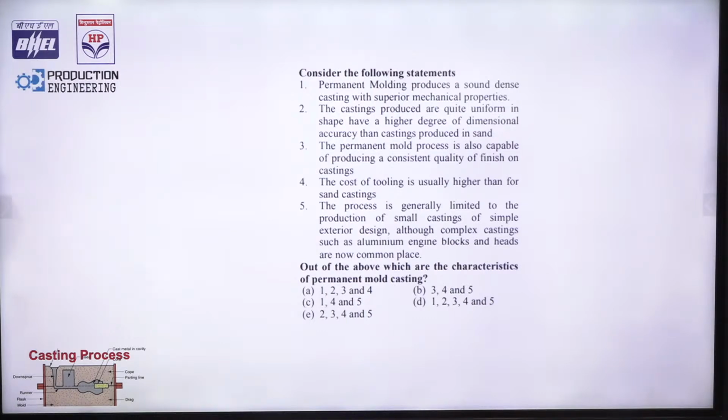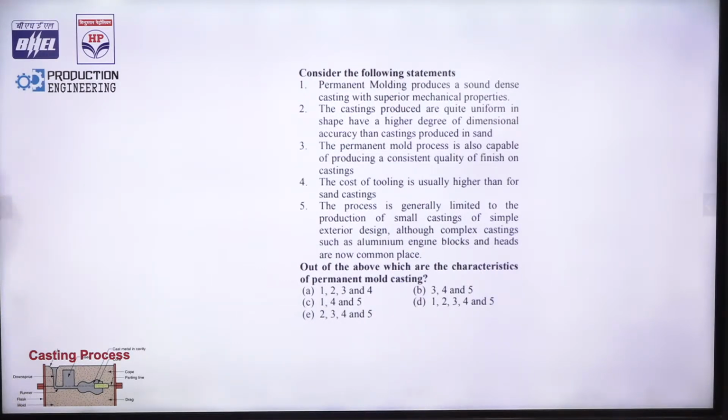Permanent mold produces sound dense casting with superior mechanical properties, quite uniform in shape and with a high degree of dimensional accuracy compared to casting produced in sand. Permanent molds are also capable of producing consistent quality of finish. Cost of tooling is usually higher. Yes, the process is generally limited to the production of small casting of simple exterior design. This is also correct. What do you think is the answer?